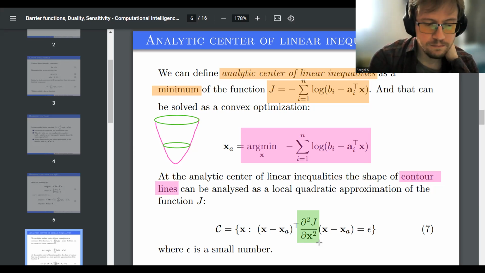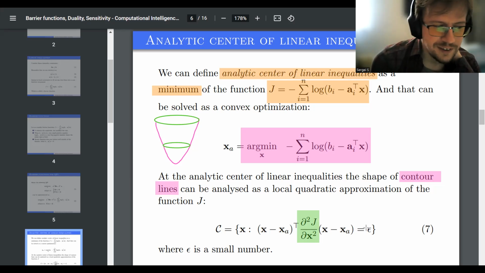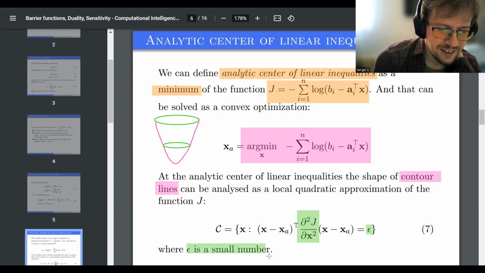And here, the reason we say this is a small number is that epsilon defines basically the height of the contour line, or in other words, the size of the ellipsoid.